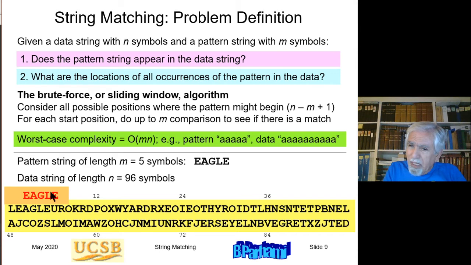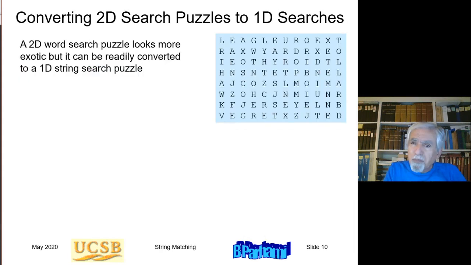And then you say, okay, what are the web documents that contain the word eagle? Now, if you have to do this search n times, m times, even if m is pretty small, n is huge. So this algorithm is not very fast or efficient. That's why it's called the brute force approach.